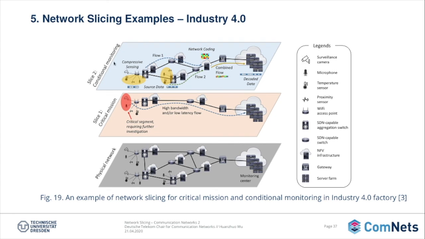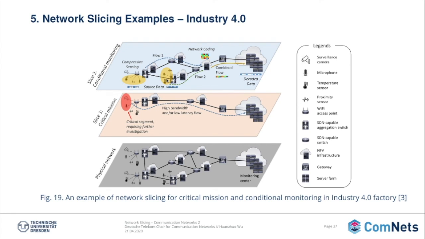Slice 2 is used to monitor other condition traffic. The condition monitoring application contains audio and video data, which needs a higher data rate than other sensors, such as temperature sensors.